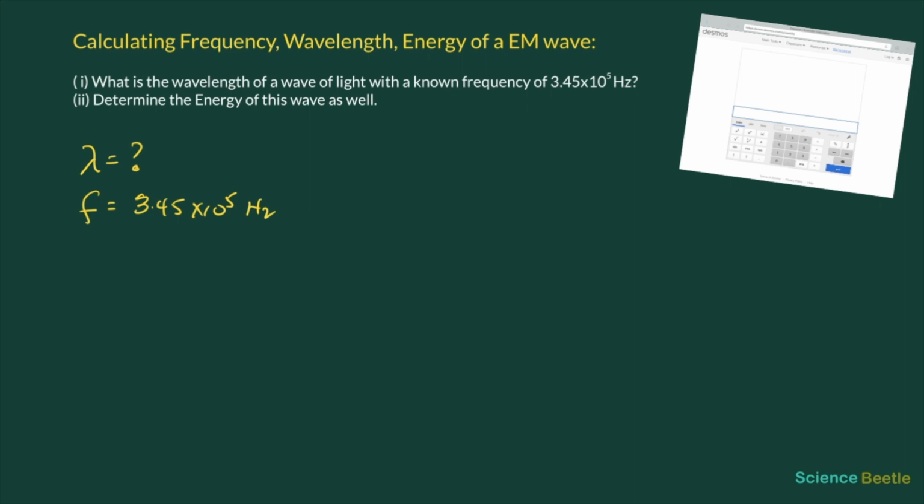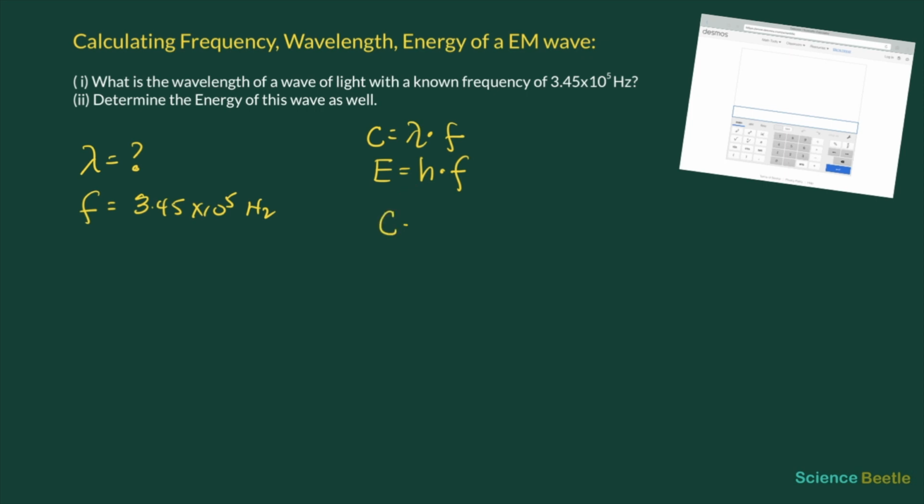What we want to do now is remember the equations that we've got here. There were two general equations when we're dealing with waves or electromagnetic waves. That is the speed of light equation, which is c is equal to the wavelength times the frequency. And then the other equation is E, which is the energy, is equal to Planck's constant times the frequency. Keep in mind that c and h, Planck's constant, are constants for us.